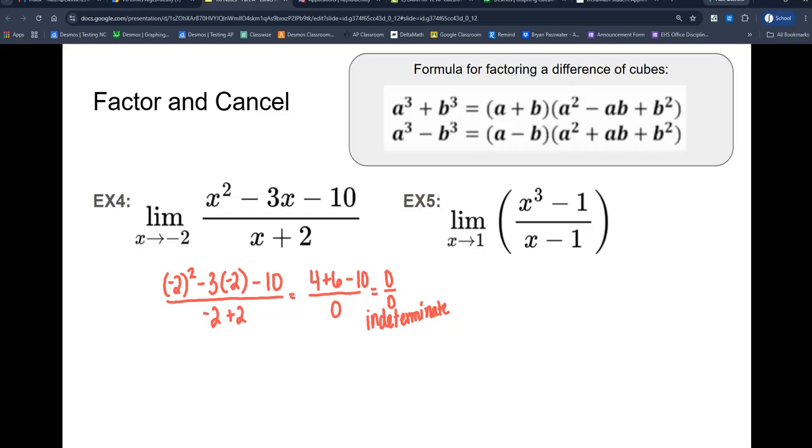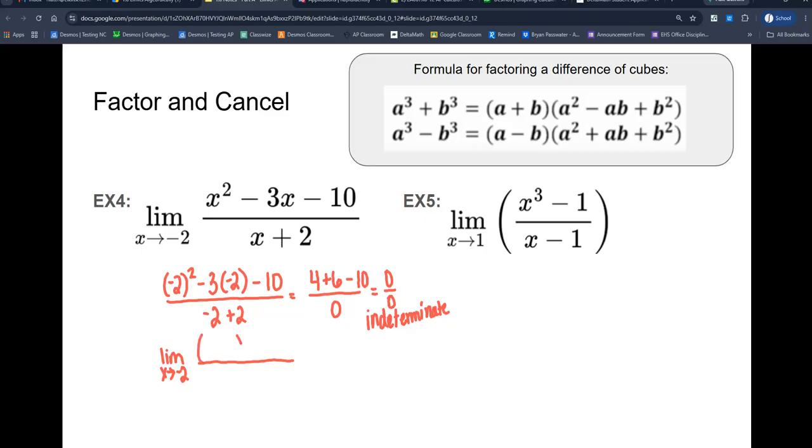So one of the methods we can try is we can factor and then cancel out things that are on top and bottom. So if I'm factoring x squared minus 3x minus 10, when you're writing this, keep your limit notation. You cannot get rid of your limit notation until you've plugged in a number, which on the other problems was the first thing we were doing, so we didn't write limit notation.